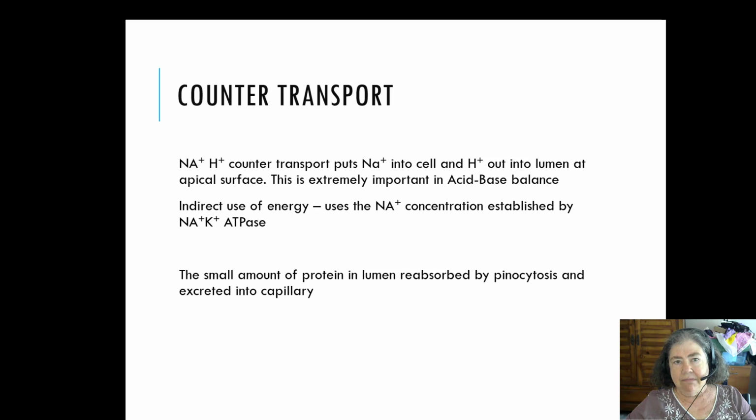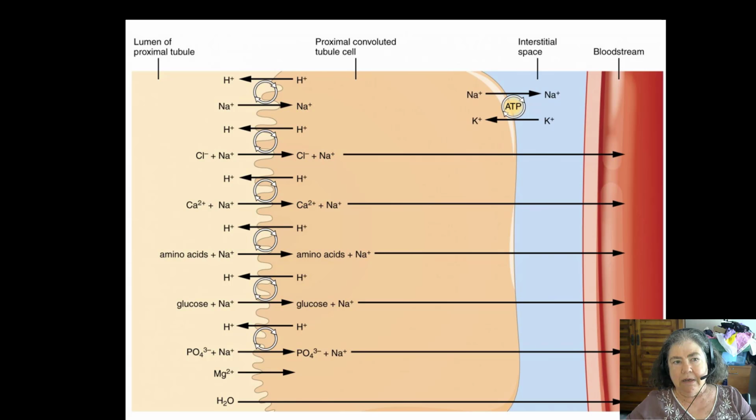It's kind of just picked up and eaten by those cells as it comes into contact with the villi, and then excreted out of the tubular epithelium cell and back into the capillary. So after the first bit of the tubule, there is no protein in the filtrate.